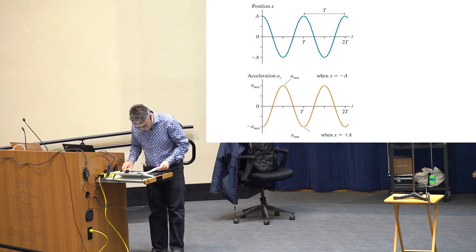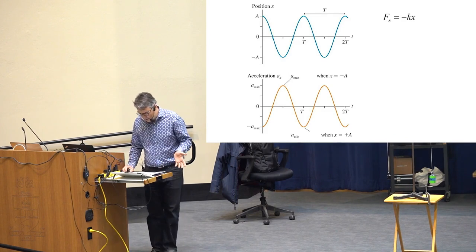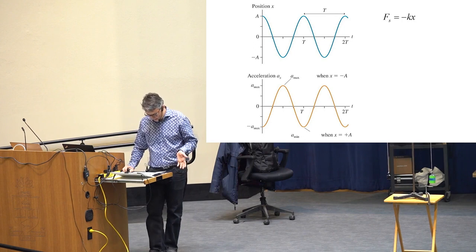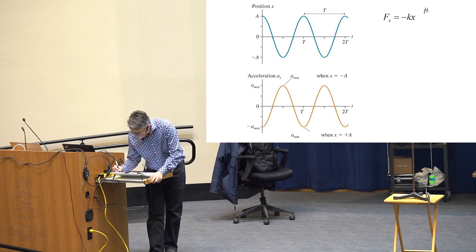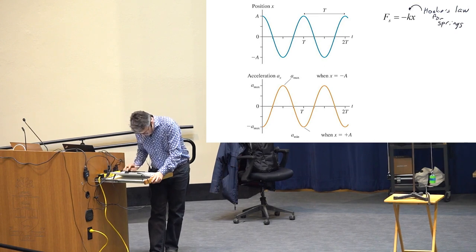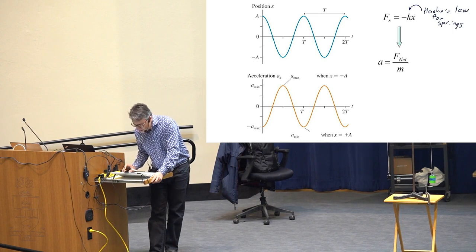So the idea here is that as the position changes, the force is negative kx. That's, I guess, called Hooke's law, right? For springs. And then, you know that Newton's second law of motion is that acceleration is the net force divided by the mass.